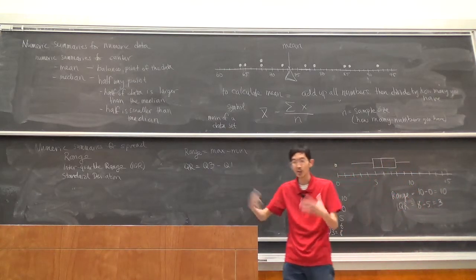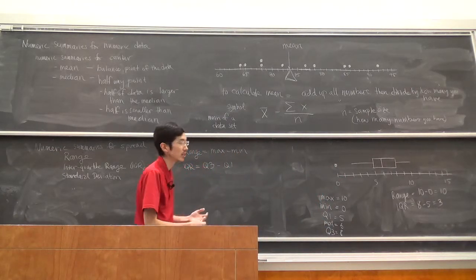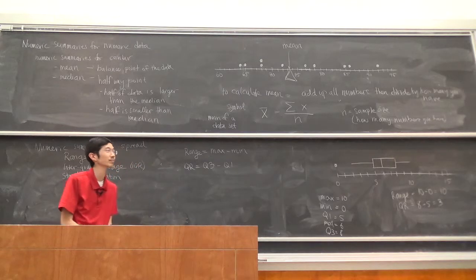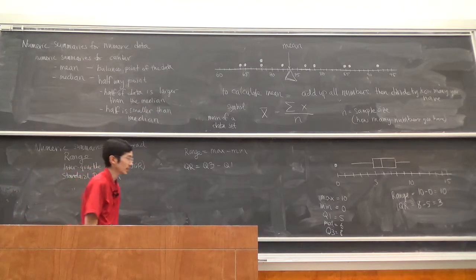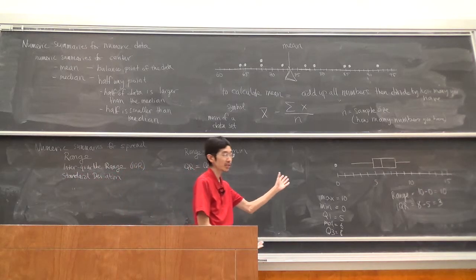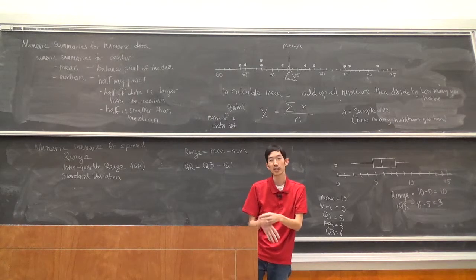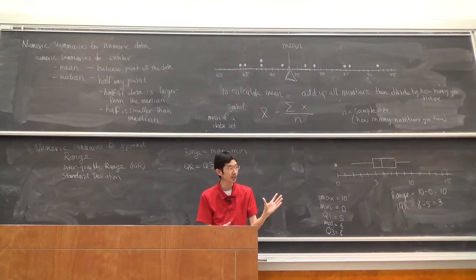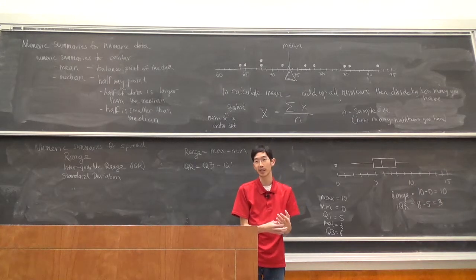Or is there quite a bit of variability? Okay? So if we think about the ages of students in a high school driver's ed class. Okay? So this is a numeric variable. Ages of students in a high school driver's ed class.